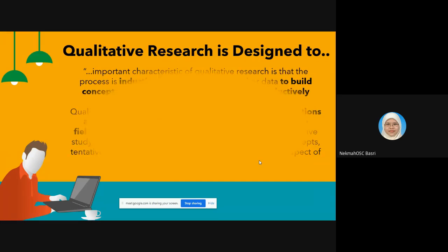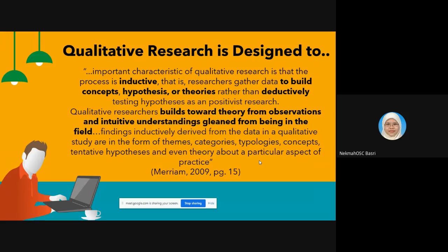According to Merriam 2009, an important characteristic of qualitative research is that the process is inductive, that is, researchers gather data to build concepts, hypotheses, or theories rather than deductively testing hypotheses as in positivist research.